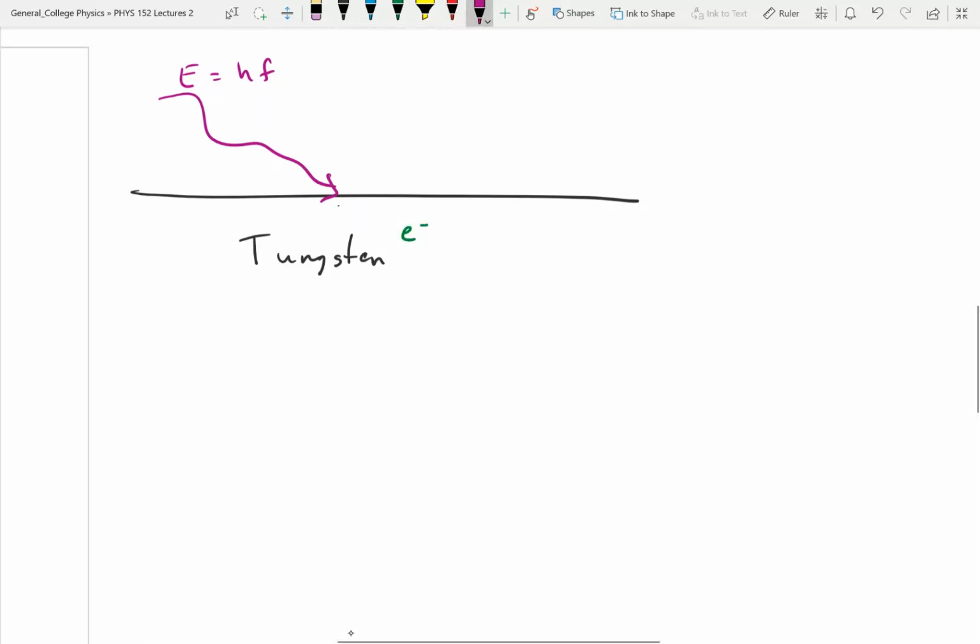And the light is absorbed by the electron, 1 photon energy. And the electron with that energy goes off, and it may bounce a few times, but it comes out of the surface with kinetic energy ranging between 0 and 0.50 electron volts.